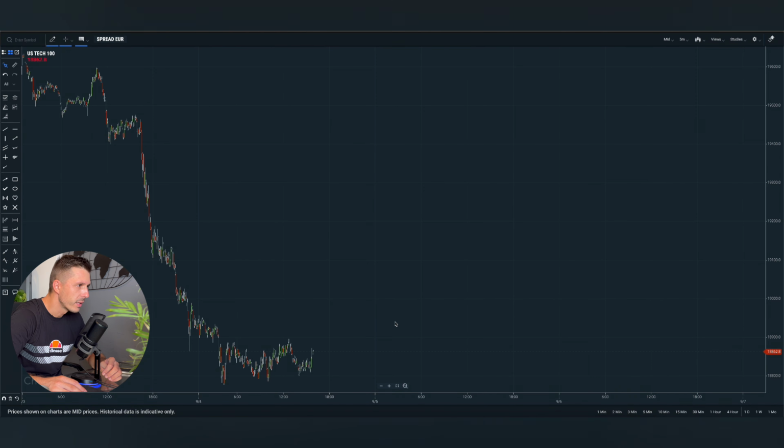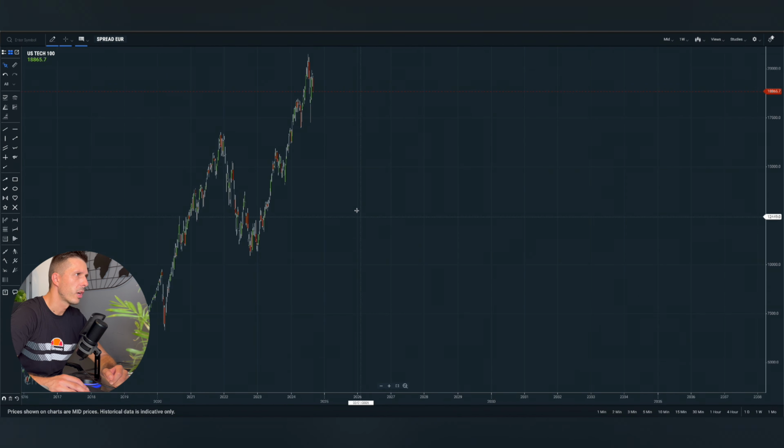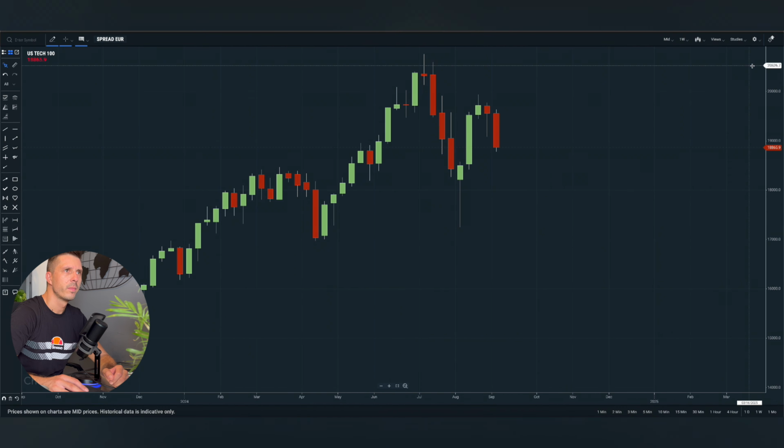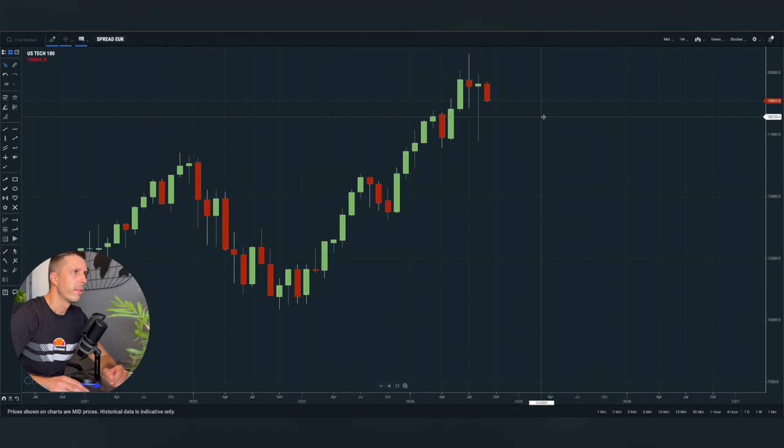Right guys, so first thing first, we are going to find the key levels on the NASDAQ index, the US Tech 100. And what we want to do, we want to go to the weekly chart and see 4 key areas, and on the monthly. Okay, so right now the monthly low is 777.